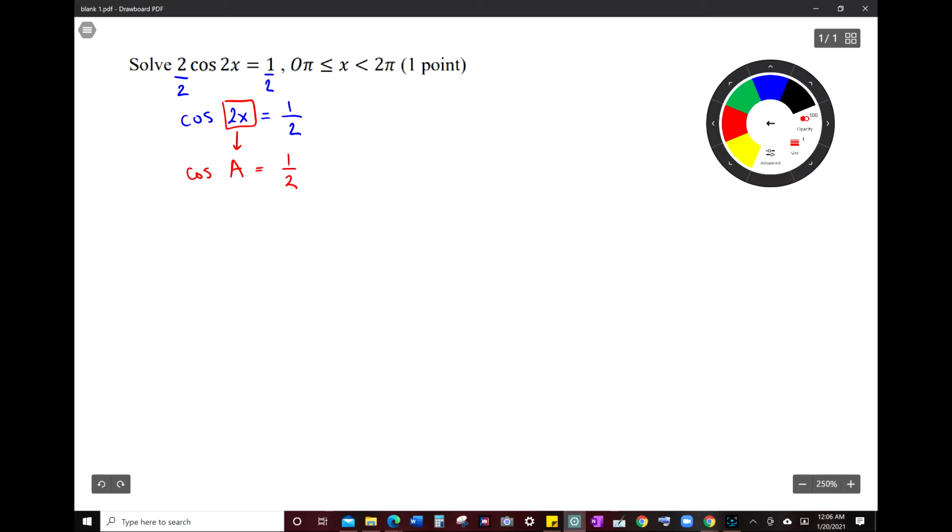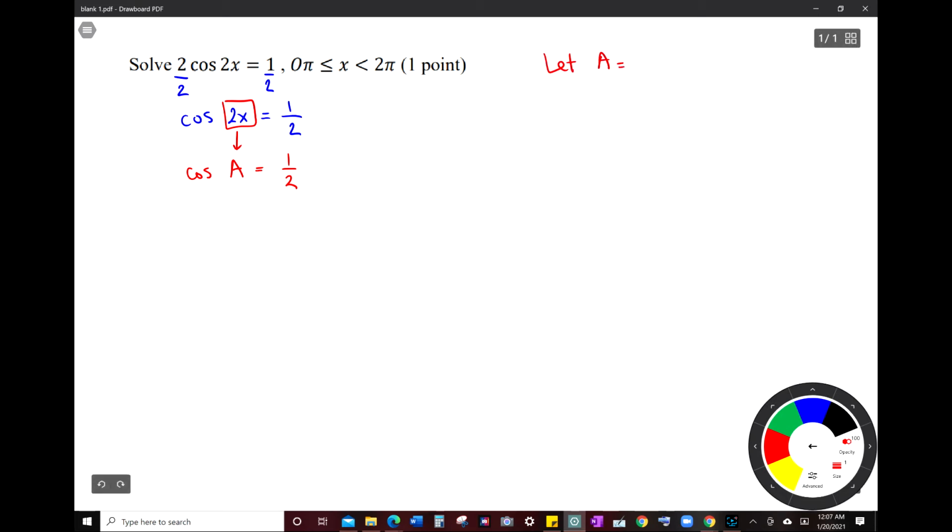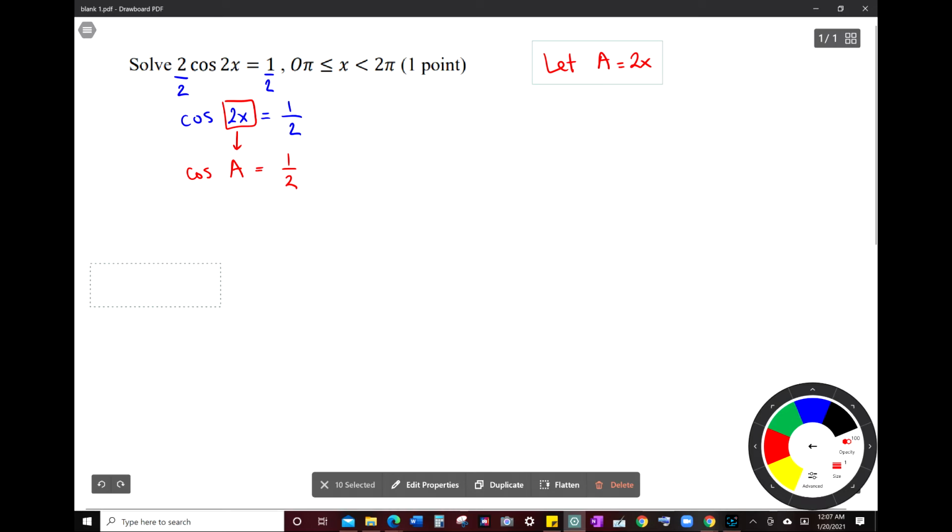And maybe on the side you can leave a note for yourself: let A equal 2x.